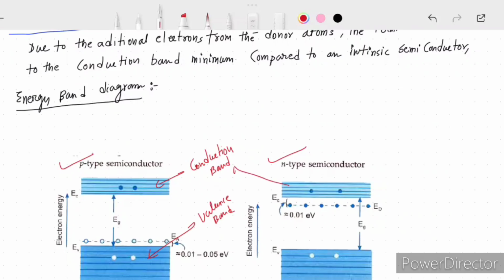Similarly, this is the conduction band and this is the valence band, and this is the Fermi energy level. Again, this is the Fermi energy level.